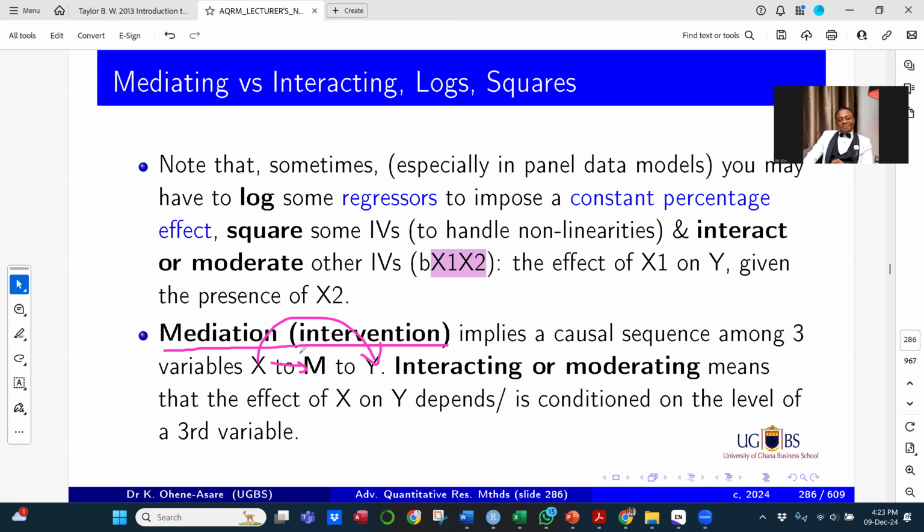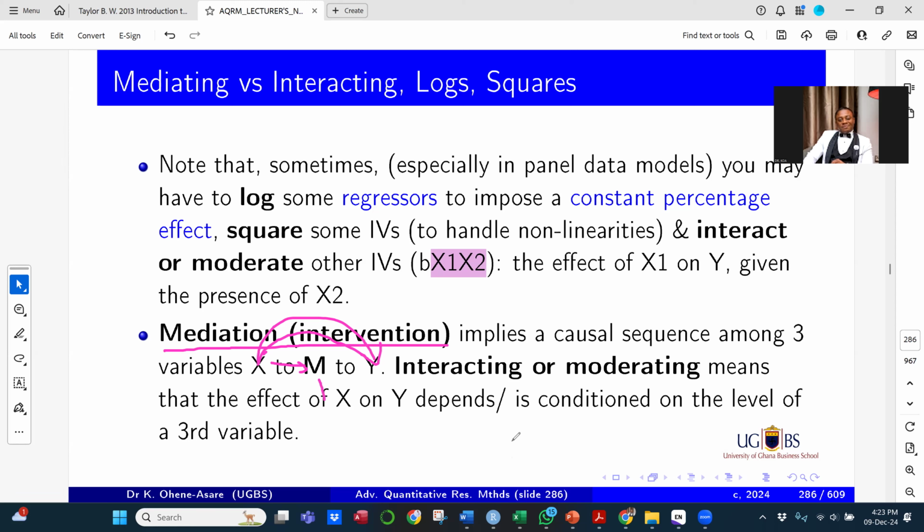Now, what do we mean by that? It means that you will look at the X on the Y without the presence of M, and look at the X on Y with the presence of M. That's mediation.